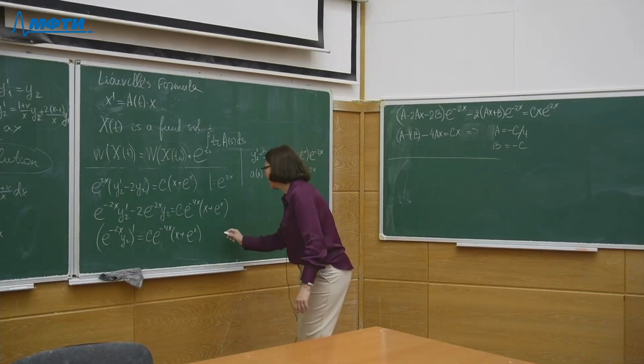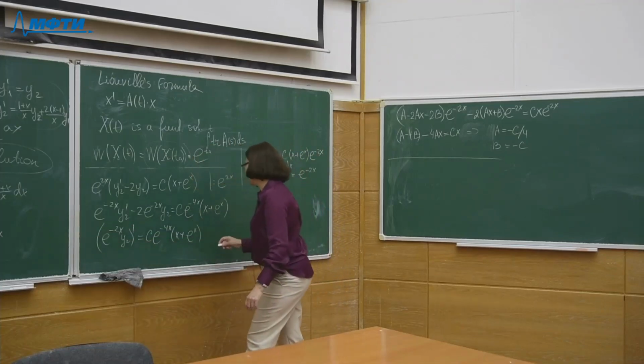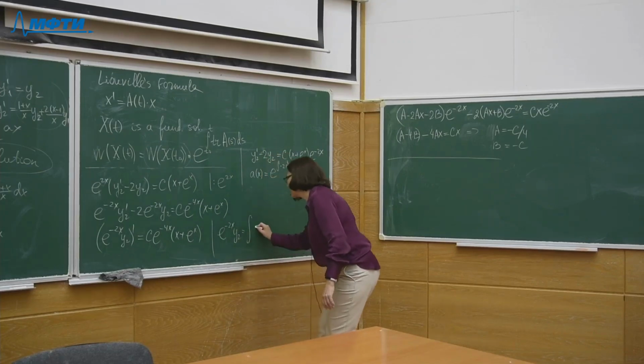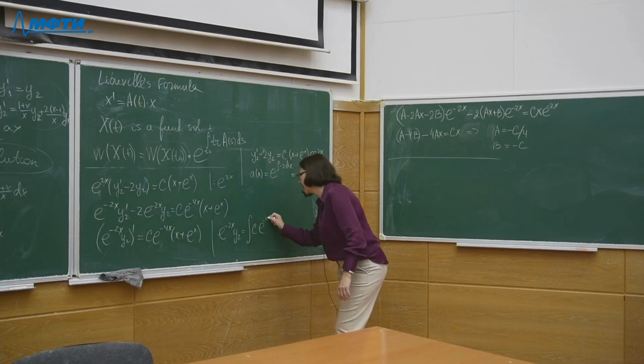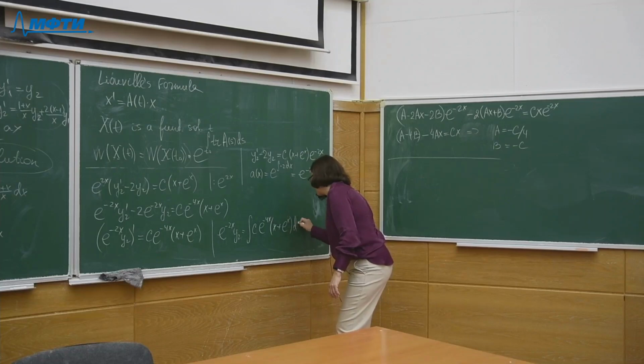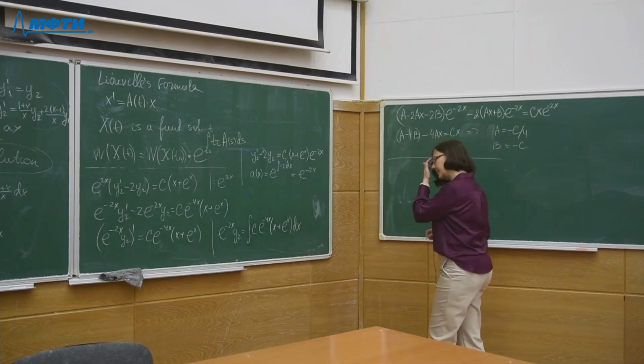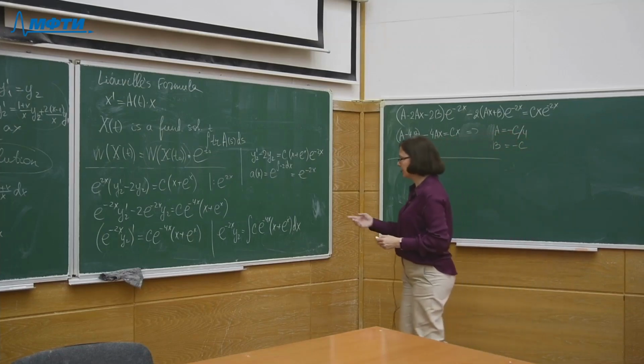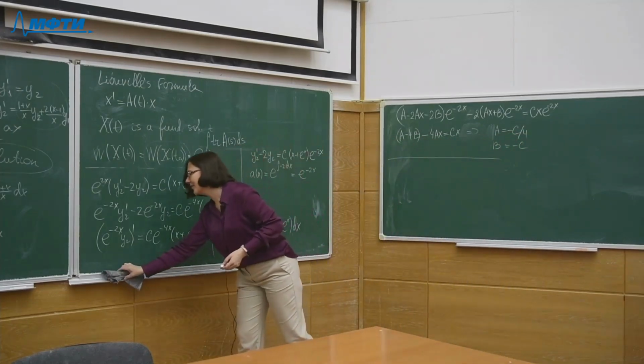And then to find this, we need to integrate. e^(-2x) y2 is equal to the integral of c e^(-4x) x plus e^x dx. But now we need to find this integral.